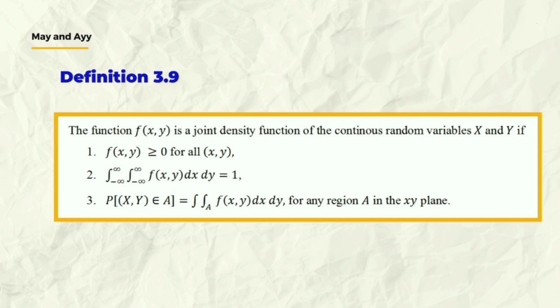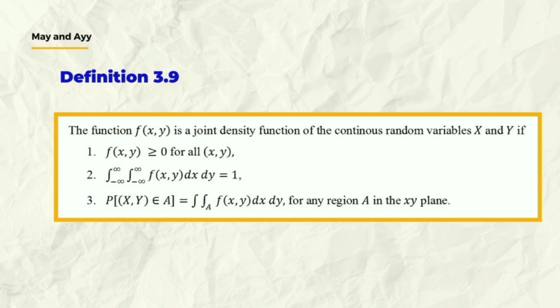The next is definition 3.9. The function f(x, y) is a joint density function of the continuous random variables x and y if, first, f(x, y) is bigger than or equal to 0 for all x, y. The second is the integral from negative infinity to infinity of the integral from negative infinity to infinity of f(x, y) dx dy equals 1.